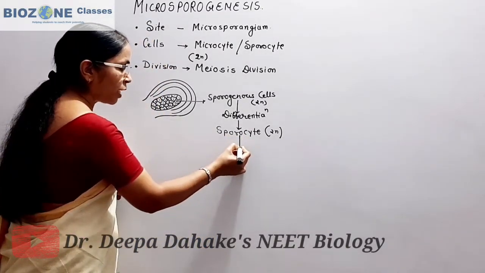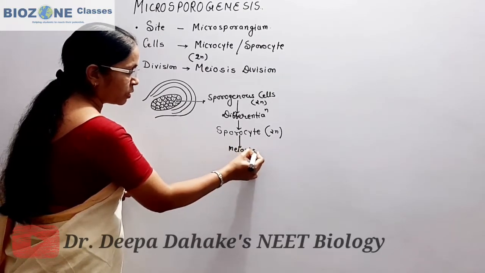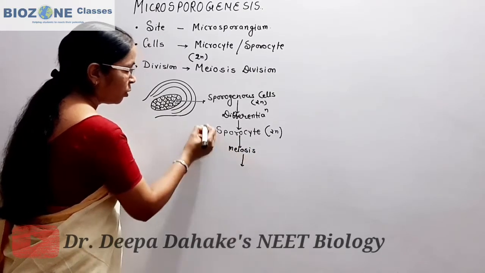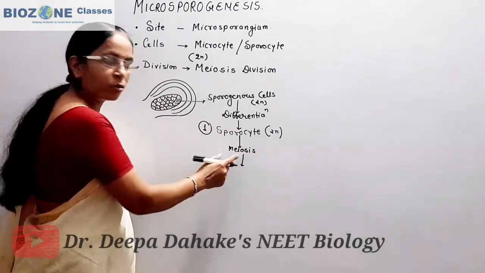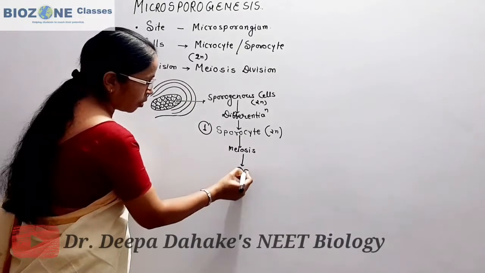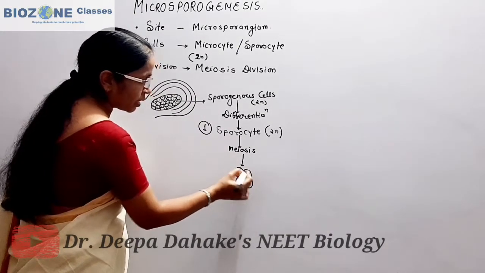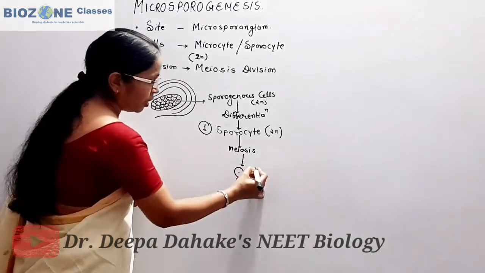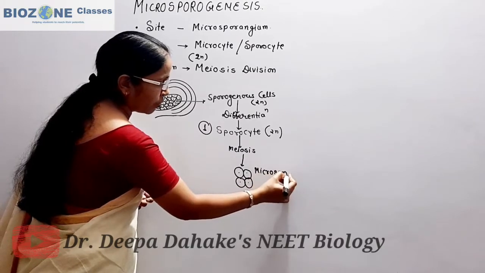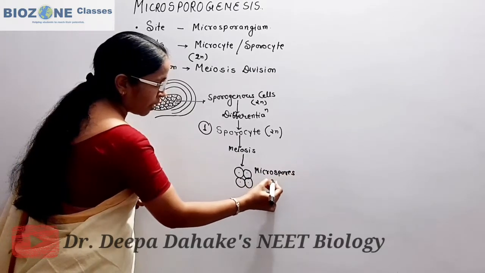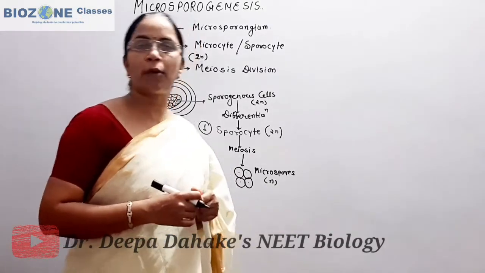When one sporocyte undergoes meiosis, that is microsporogenesis, upon meiosis division 4 cells are produced. These cells are called microspores, and microspores you remember are haploid cells or haploid structures.